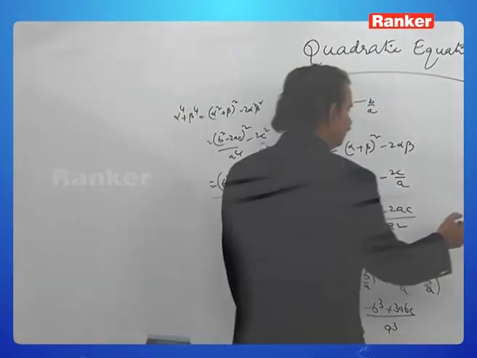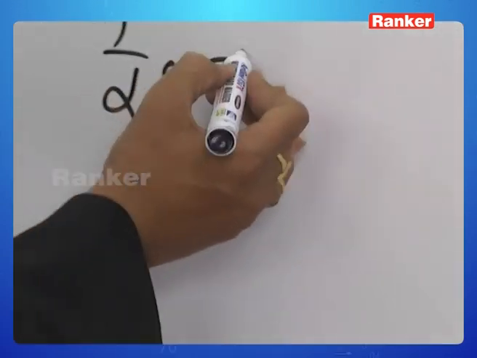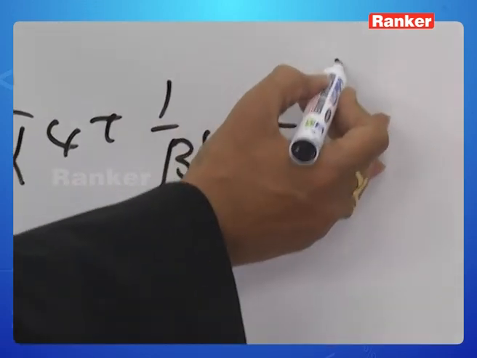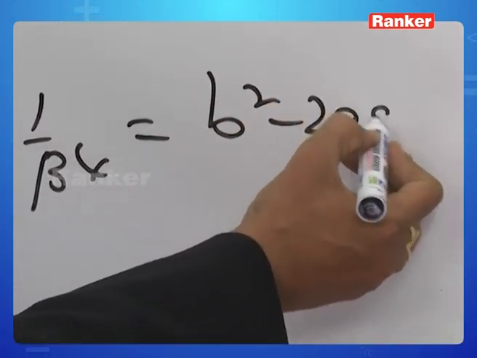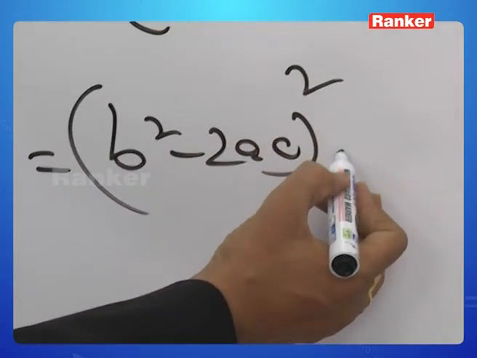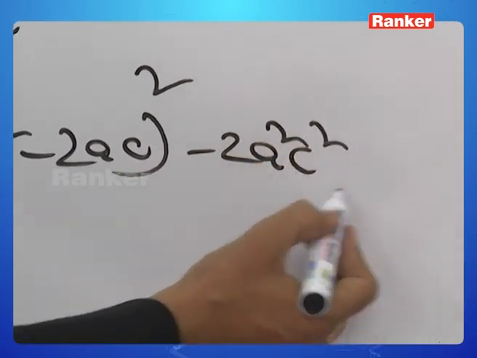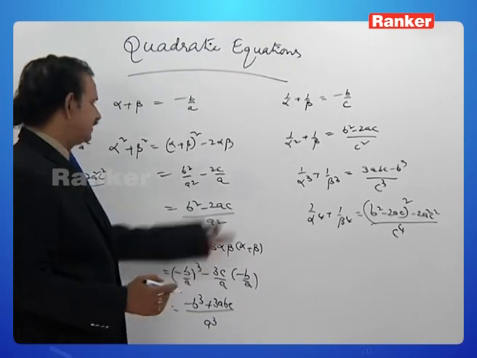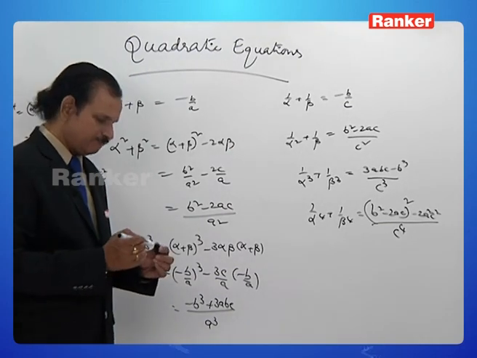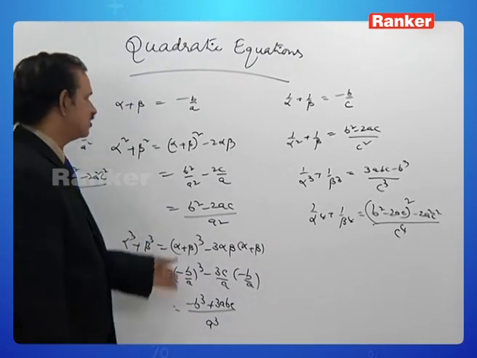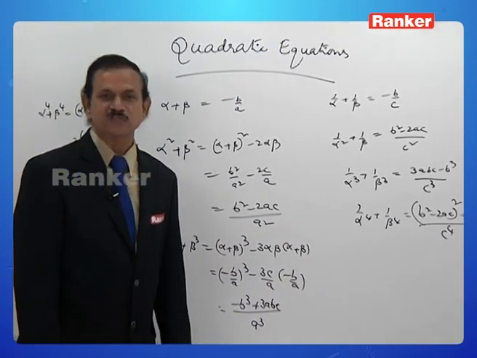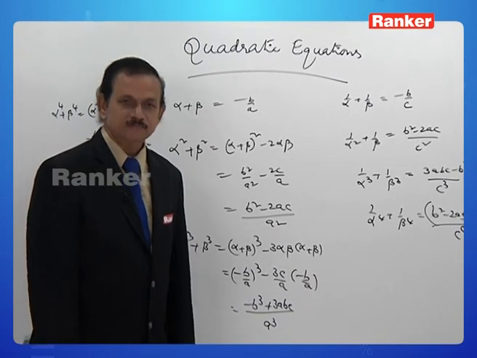What is the fate of 1 by alpha power 4 plus 1 by beta power 4? You can be in a position to say on this part. Come on, what is the answer? B square minus 2ac whole square minus 2a square c square by c power 4. Like that, it is a very easy matter to look at all such things in which the functions of the roots of a quadratic equation are occurring.